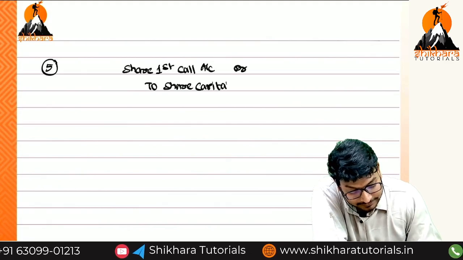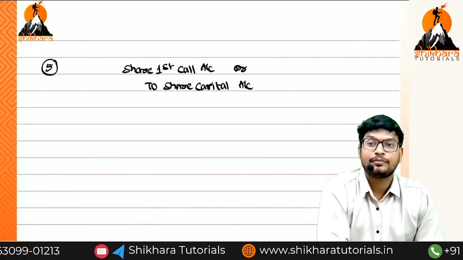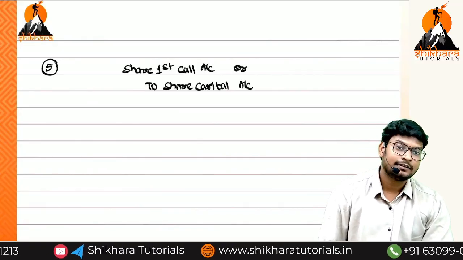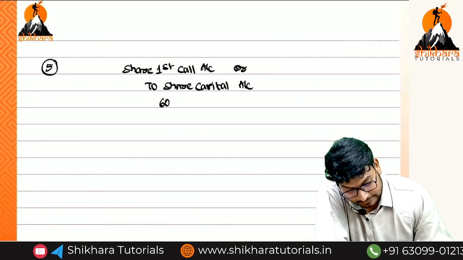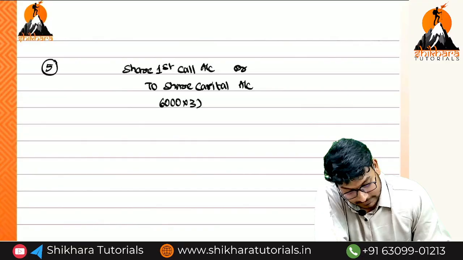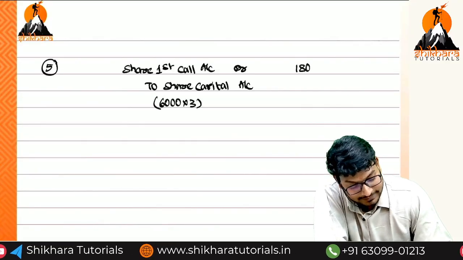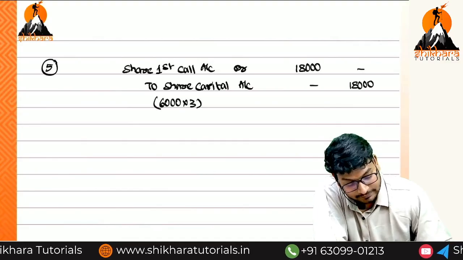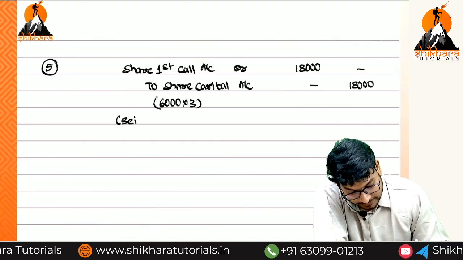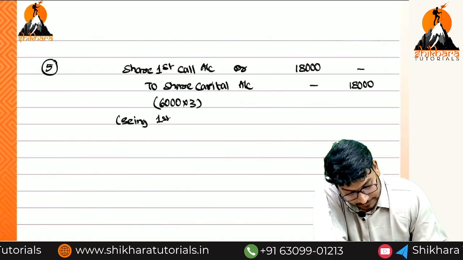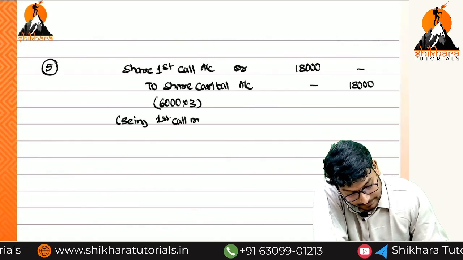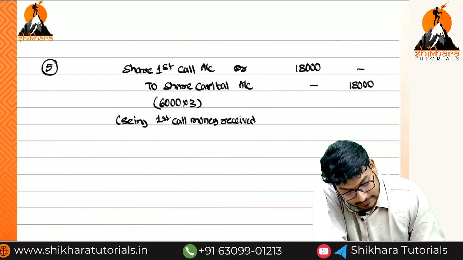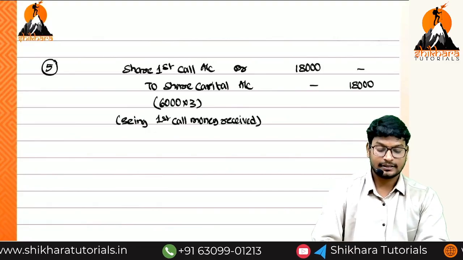How much? And how many shares do we need to receive? 6,000 or 7,500? 6,000. Okay, 6,000 into... How much? 18,000. Completed. Write the narration. Being first call money received. Okay. What is the sixth one?